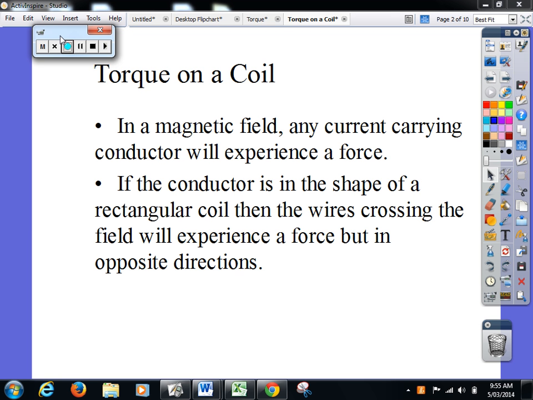So what I mean by this is we're going to take a coil of wire, which goes in like this, we're going to bend it into a rectangular shape and come out. So this is the wire going in, this is the wire coming out, and it's able to twist and turn. Okay. This is the basis of a motor, and that's what we're getting our way up to, looking at the motor effect as it applies to a motor. Okay.